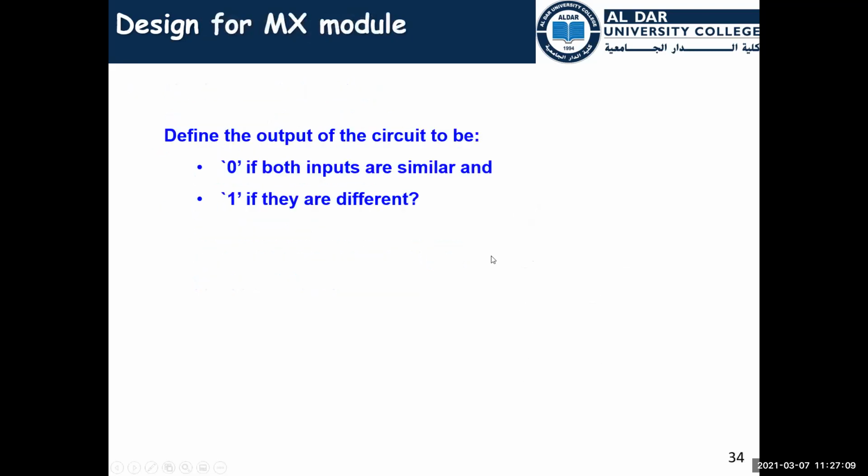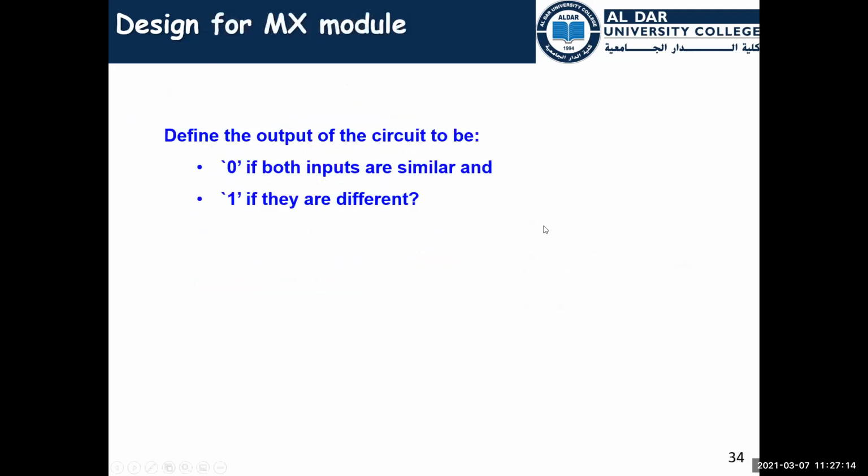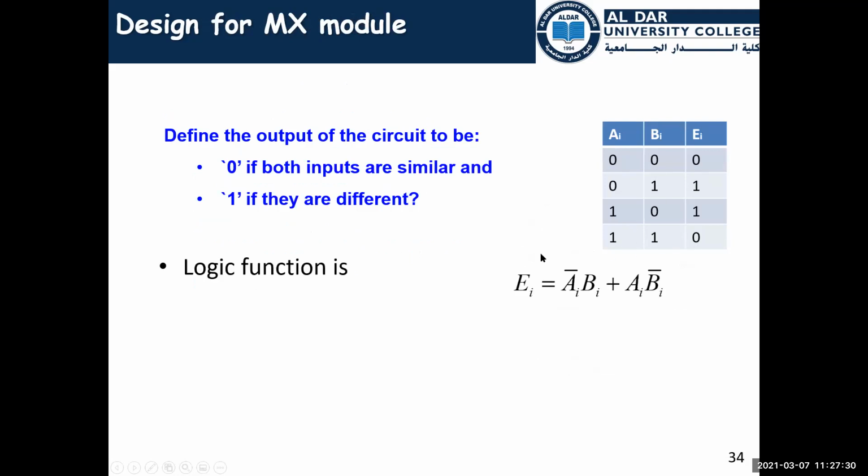So we are designing this circuit, this one, the MX. And this is the truth table of the MX, 0, 0 equals 0. If they are similar, we say they are 0. And if you are clever, you will get the functionality of A'B plus AB'.